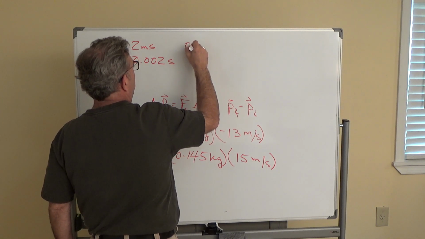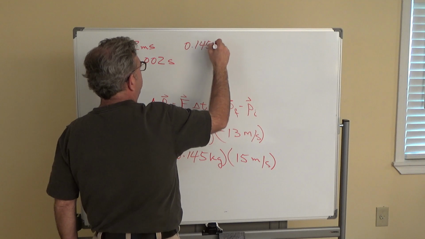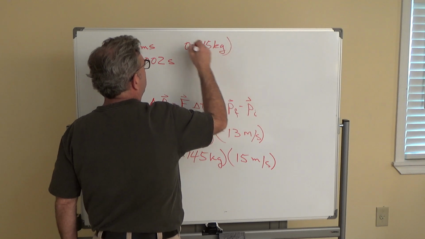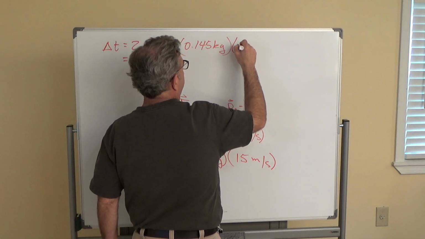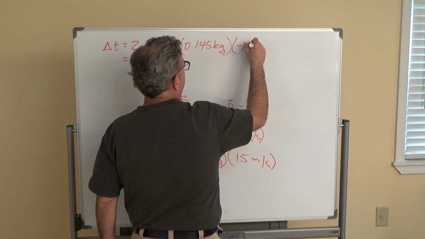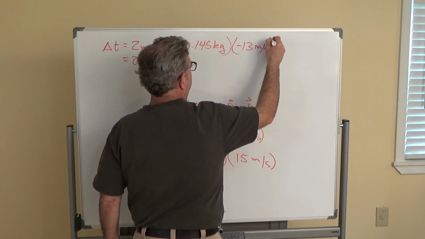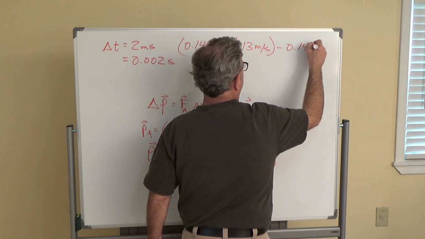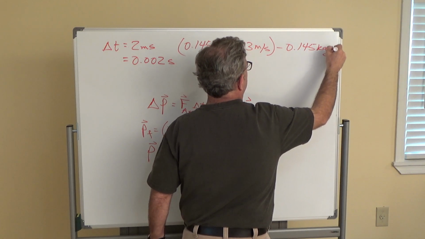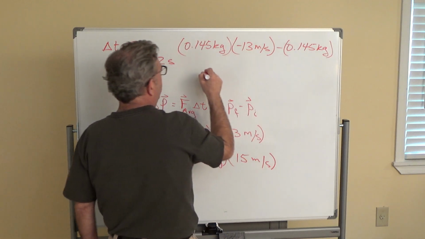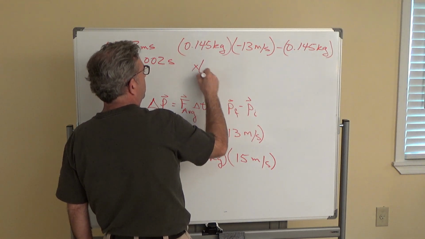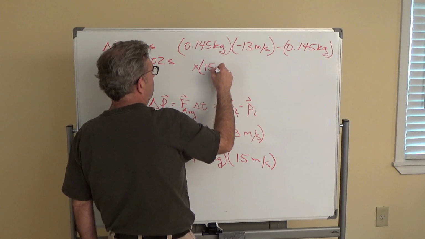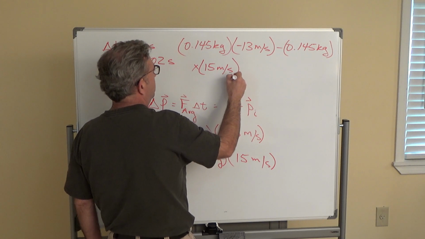So I get 0.145 kilograms times negative 13 meters per second minus 0.145 kilograms times 15 meters per second.